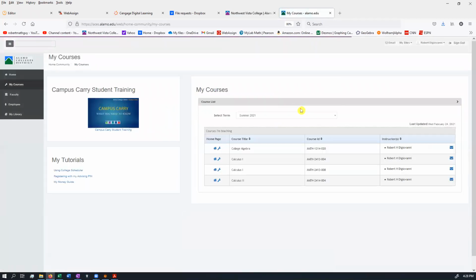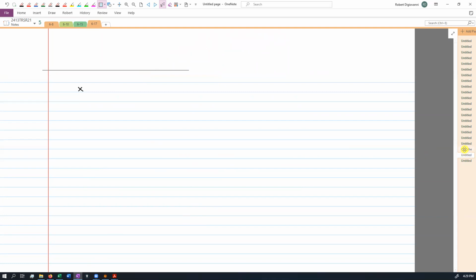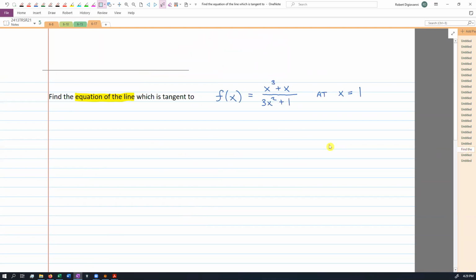Professor, can I ask you a quick question about the quiz? Yes. For this problem, do I have to first find the derivative, right? Or no? Yeah, because in order to find the equation of the tangent line, you have to be able to complete the formula for the equation of the tangent line, which is this.